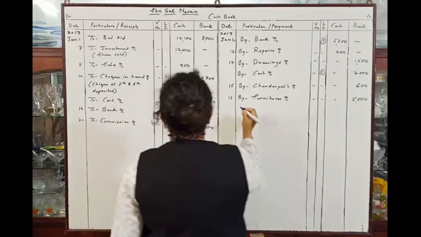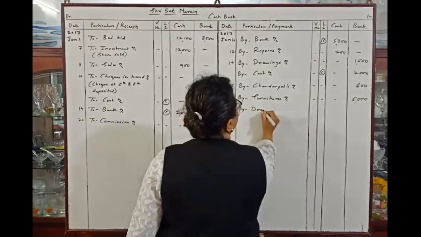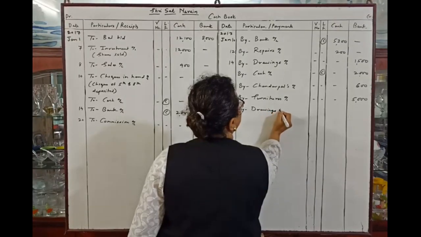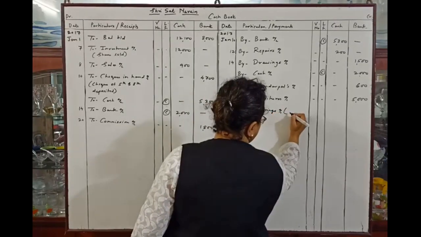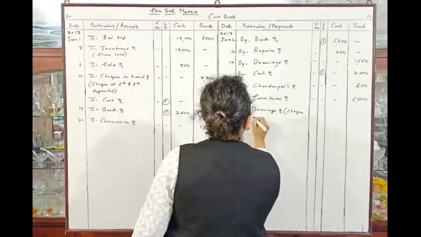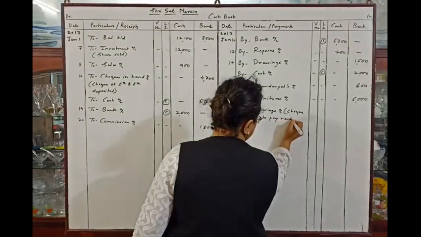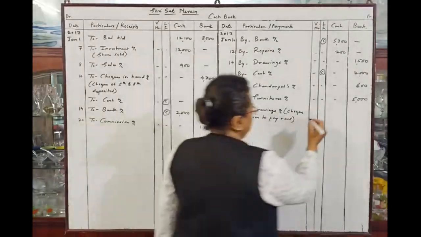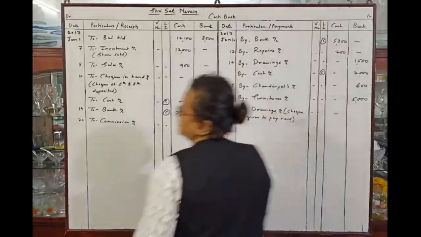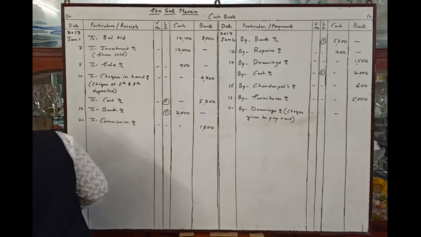So on 20th January by drawings account, pay rent and amount is rupees 800.